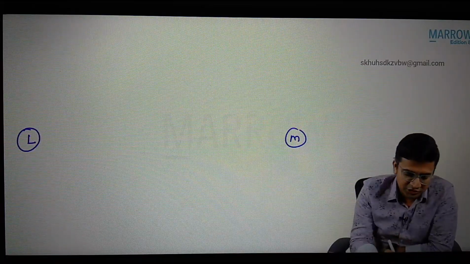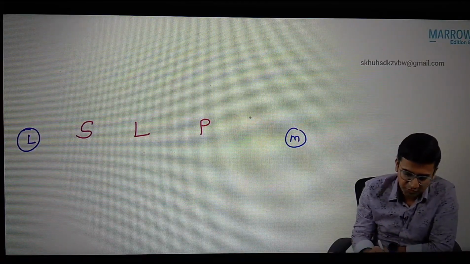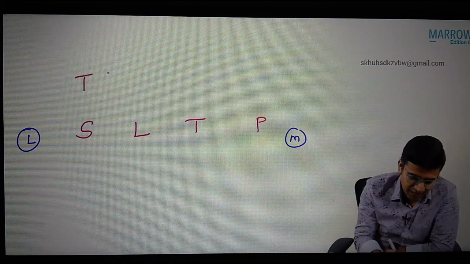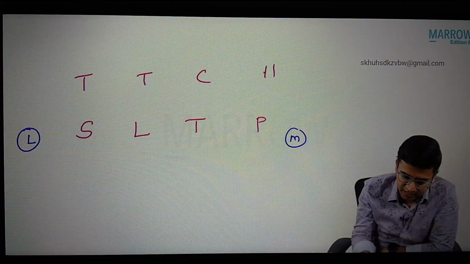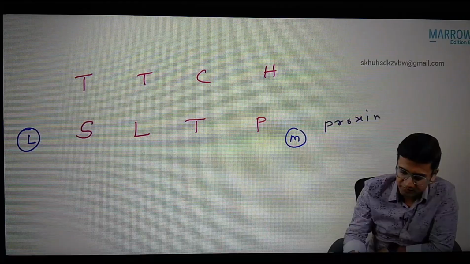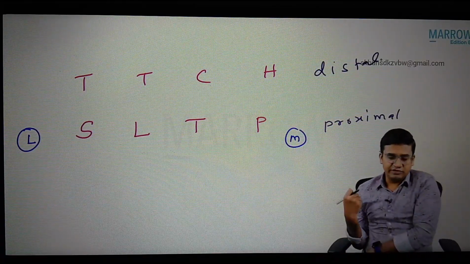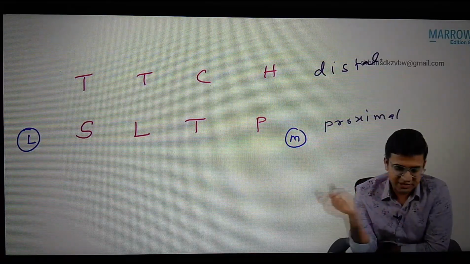So proximally, "She looks too pretty," and distally, "Try to catch her." Very old mnemonic, and we are still using the same mnemonic. This is the proximal row and this is the distal row. So the proximal row, we have 4 bones. So the mnemonic: she looks too pretty, try to catch her.